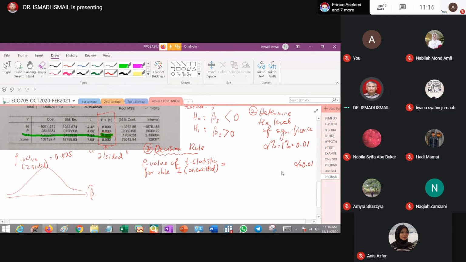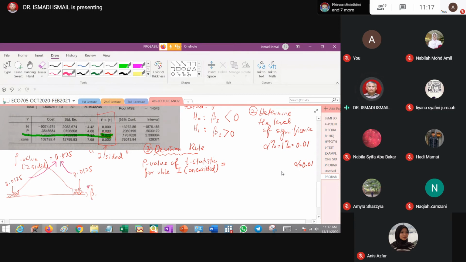0.025 means because of two-sided, we have the two areas on the left and on the right. So this is 0.0125 and here 0.0125. So all together it is 0.025, referring to two-sided.